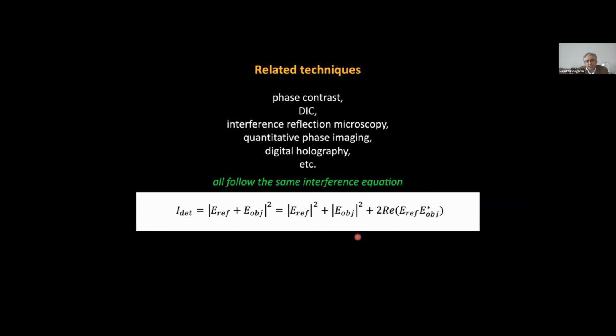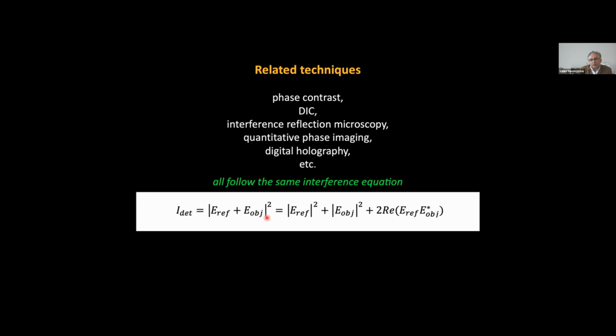Now, there are a number of techniques known in microscopy that use interference: phase contrast, differential interference contrast microscopy, interference reflection microscopy, quantitative phase imaging, digital holography, and lots of other things that have their own names, but they all share the property that the signal you get on your detector is the interference of two fields. One comes from the object, and the other one is, let's call that a reference.